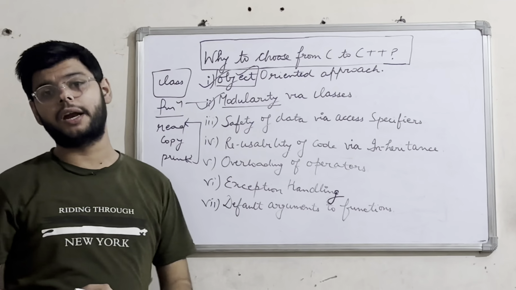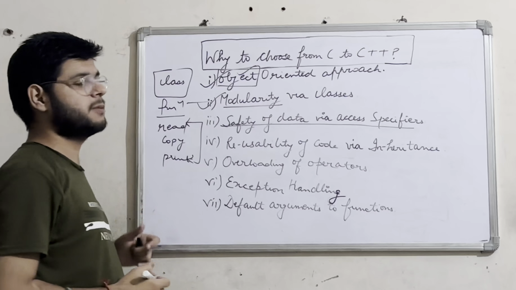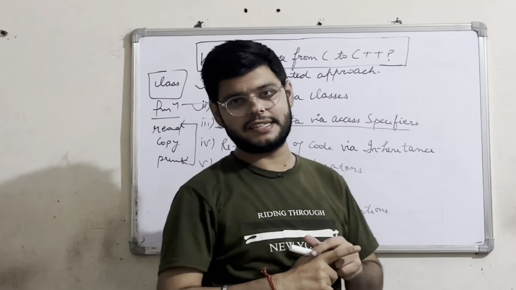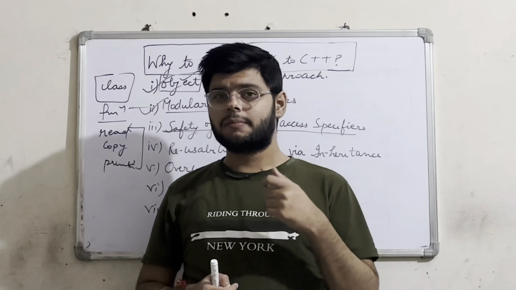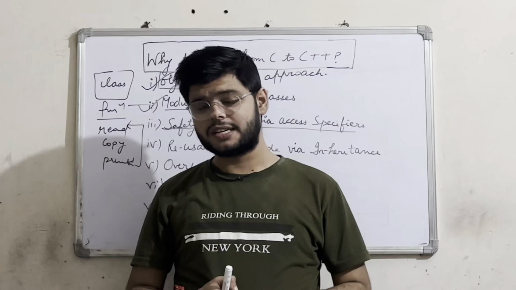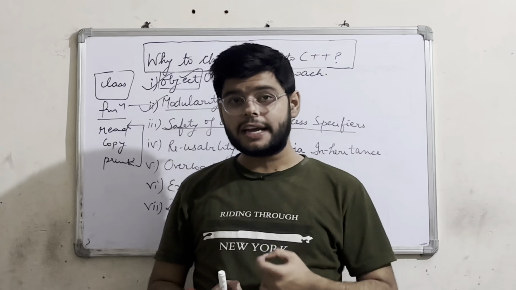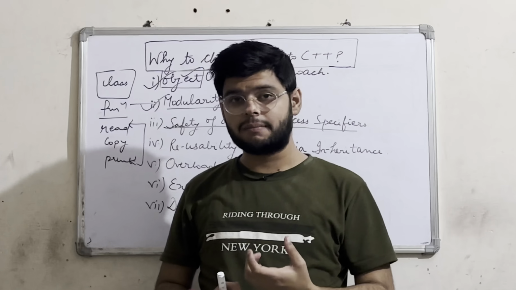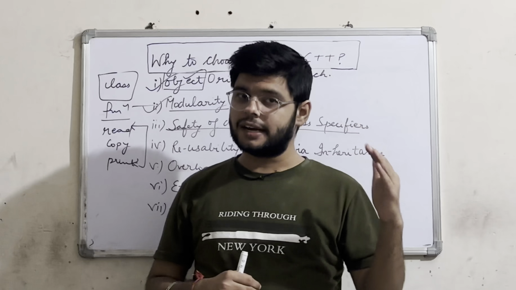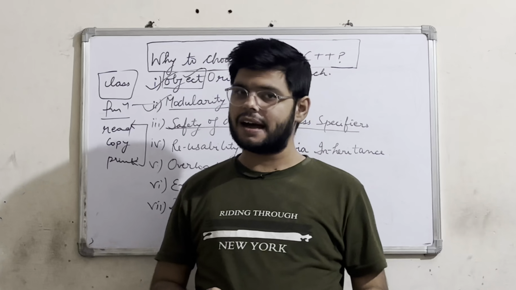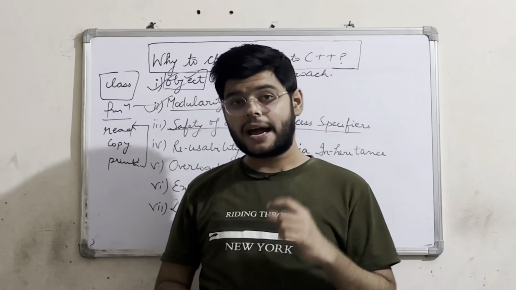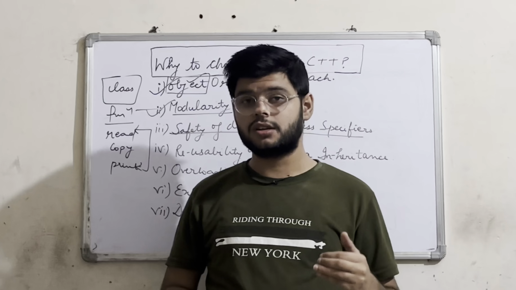The next concept is safety of data via access specifier. We have seen that we have structure, which is like a bound form of class. But the basic disadvantage of structure is that by default all the members are public in nature. We have seen a class has two types of components, data members and member functions. The same components exist in structure, but by default all the members of the structure are public.